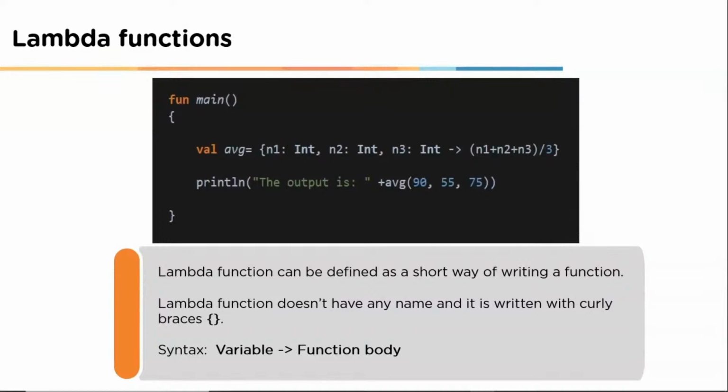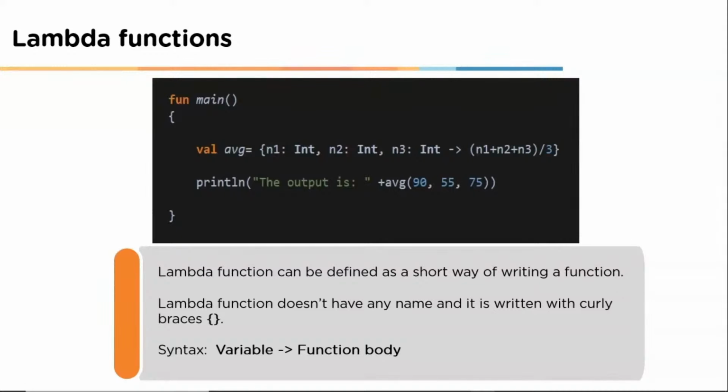Arguments or variables are mentioned on the left hand side of the arrow operator, and the body of the function is present on the right hand side of the arrow operator. In the example, avg is the lambda variable, n1, n2 and n3 on the left side of the arrow operator are the parameters, and on the right side is the function body, that is the average of 3 parameters.